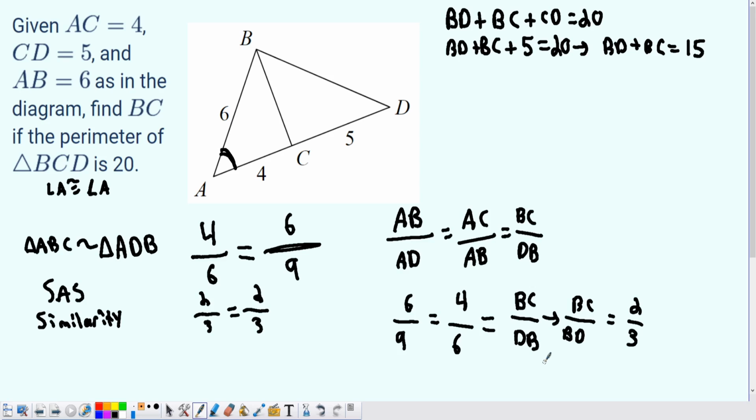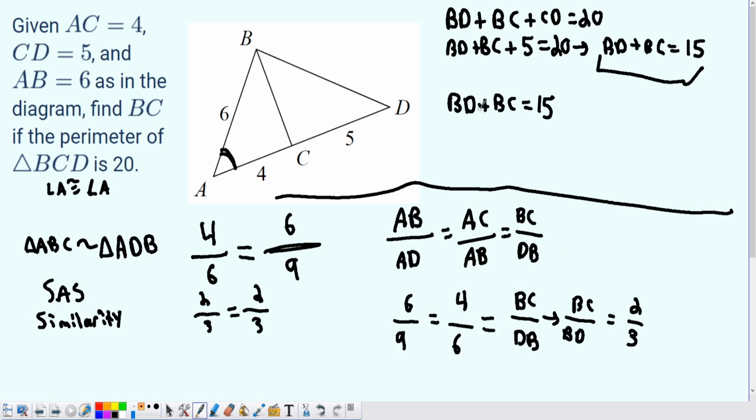And if I'm trying to find BC, I really am trying to solve for it. Well, we have this nice little formula up here, right? BD plus BC is 15. So, how can I use that? Well, maybe if I substituted BD with something in terms of BC, I could then simplify.